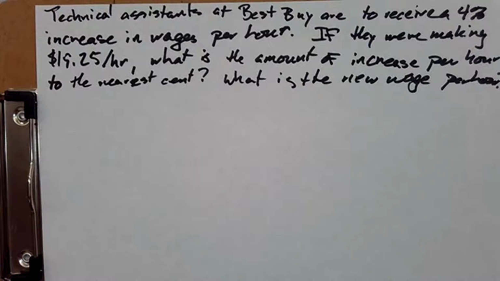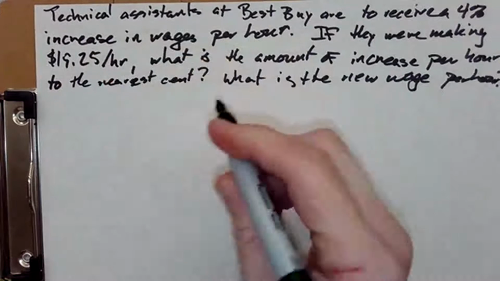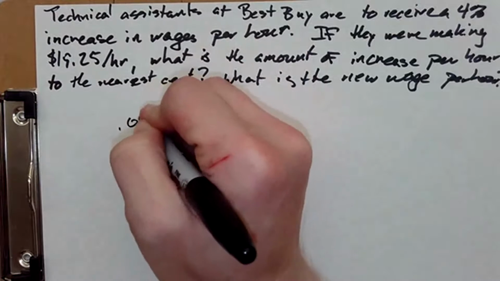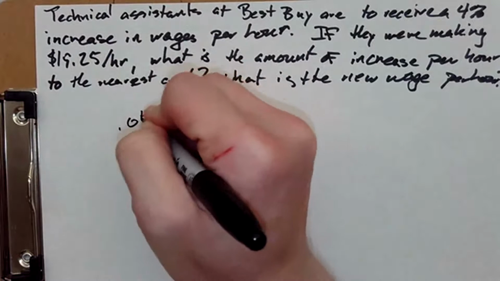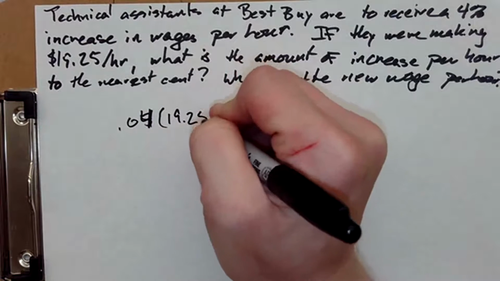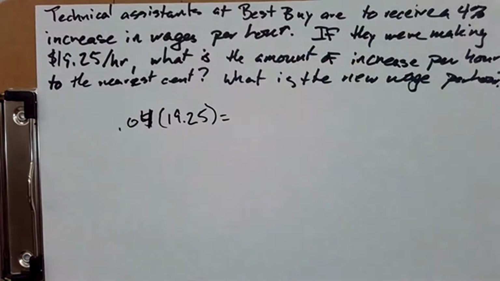So to do this, we are going to take 4% of 19.25, 0.04 times 19.25. And I just do that with my calculator.